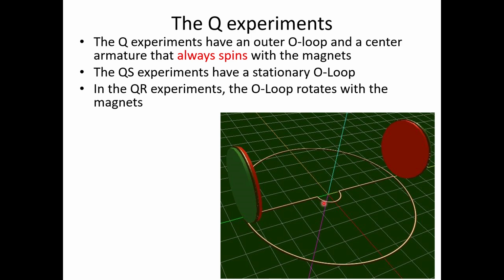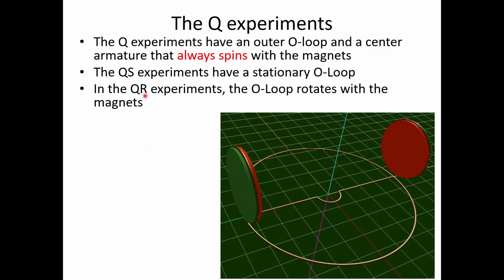Now we have the Q experiments. Q experiments are from the early days, the first experiments we ran, where we had a coil, an O loop, and then we have an armature in the middle that turns with the magnets. In the Q experiments, the armature in the middle always spins with the magnets, always. If you have the S experiments, the outer loop is the part that remains stationary.